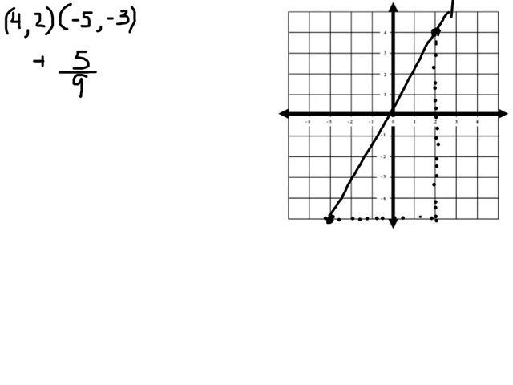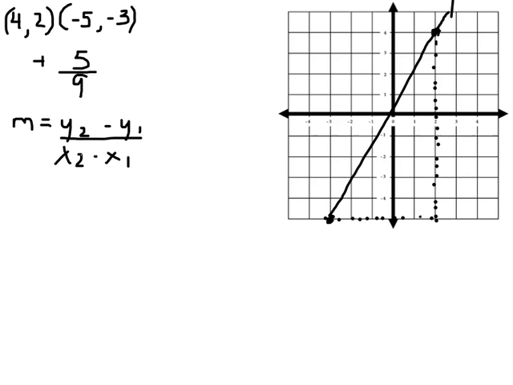Another way, in Lesson 98, we learned how to use the slope formula. So let's try that. If we have m equals y of the second minus y of the first over x of the second minus x of the first.